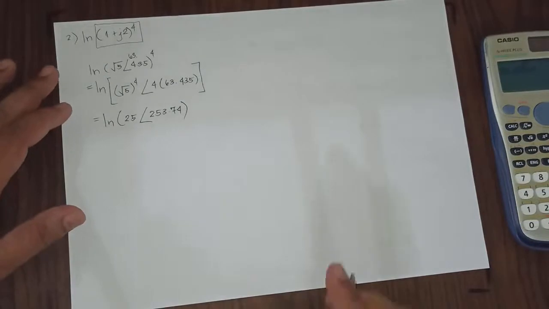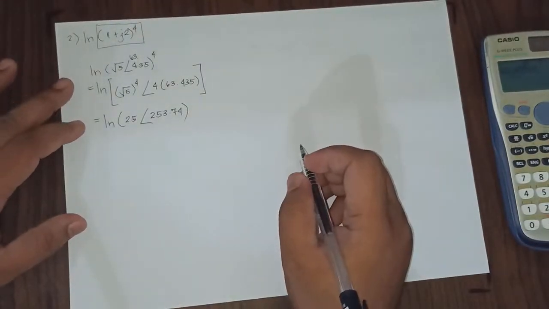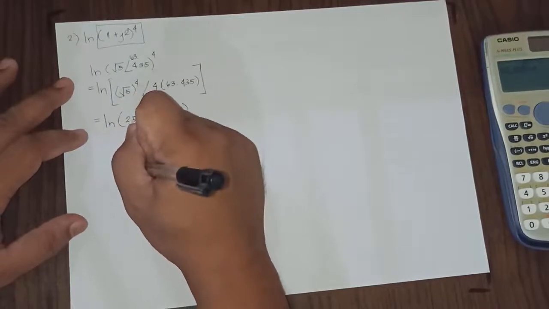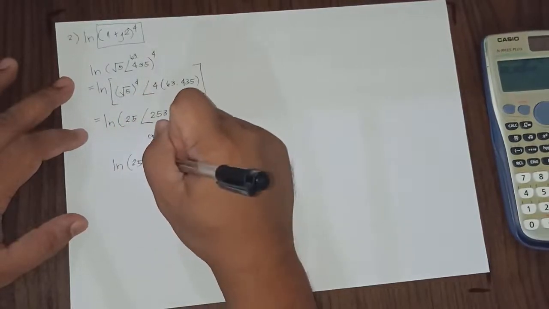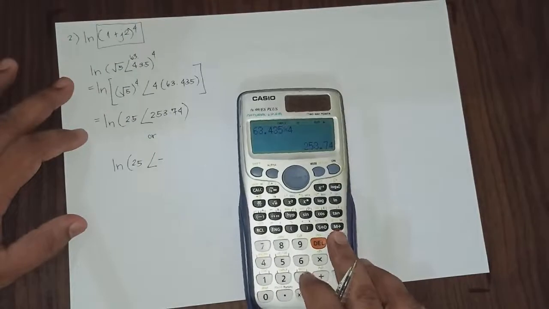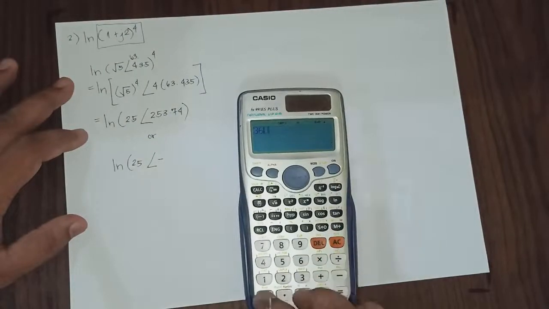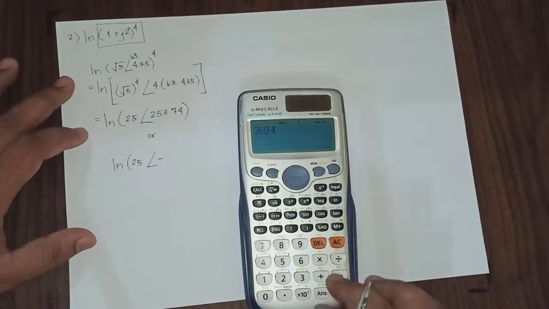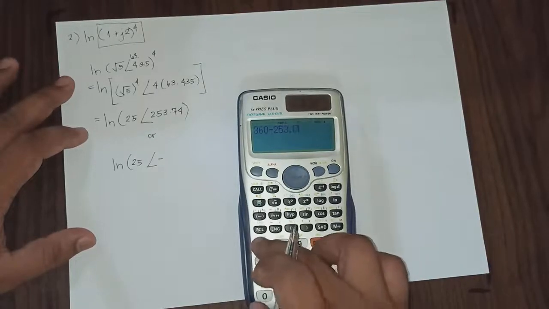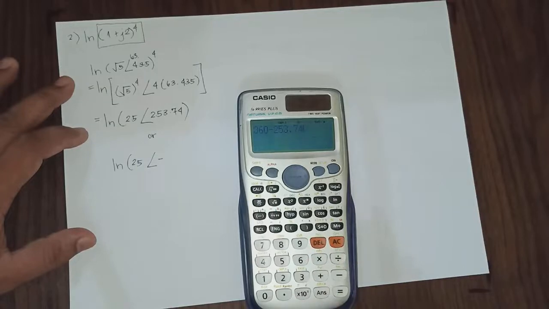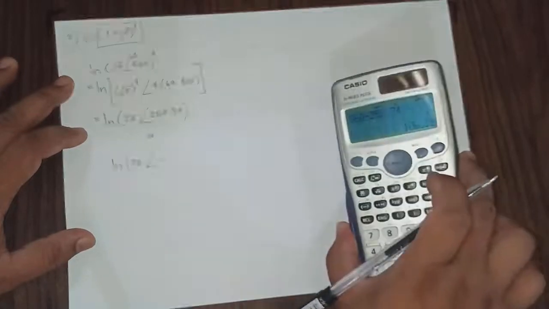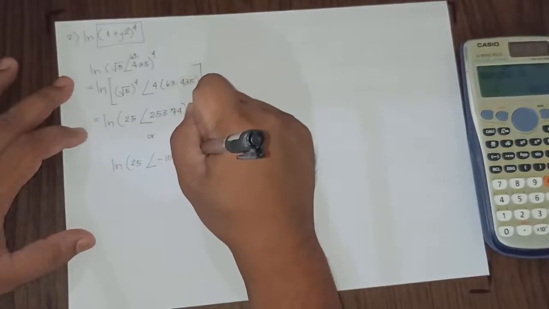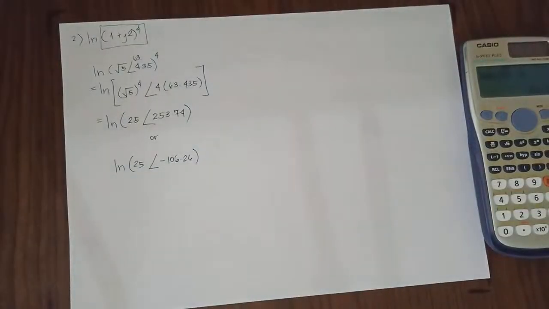Okay? Or ln of 25 angle of negative. Kung gusto nyong kunin yung negative degree niya, minus 253.74, oops, 360 minus 253.74. Yan ay negative 106.26. So, okay lang yan. No?